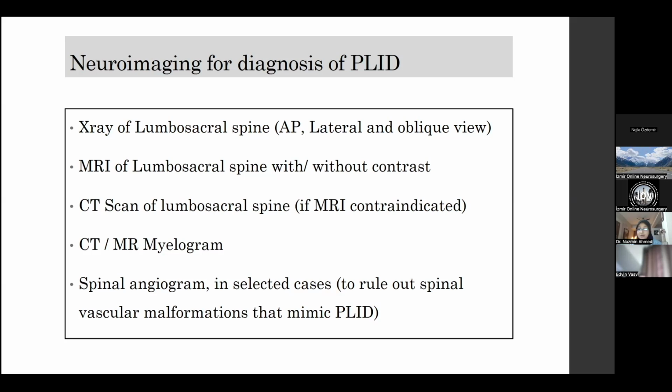Sometimes MRI is contraindicated, say if the patient has a pacemaker or some valve surgery that is not MRI compatible. So we can go for CT scan of the lumbosacral spine. We can go for CT or MR myelogram and spinal angiogram in selected cases to rule out spinal vascular malformation that mimics the prolapsed lumbar intervertebral disc.